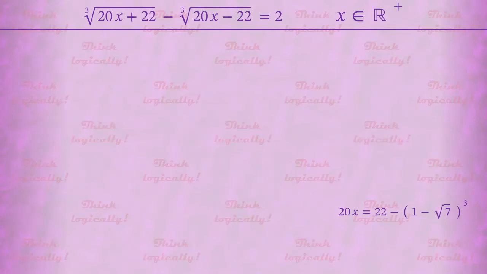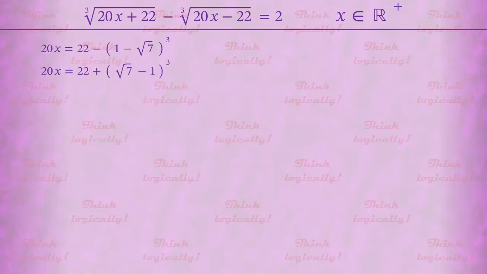Now let's clear the page and copy the obtained equation to the top. For convenience, we replace minus before the brackets with plus and reverse the order of terms in the brackets. Now let's expand the brackets by raising square root of 7 minus 1 into cube.